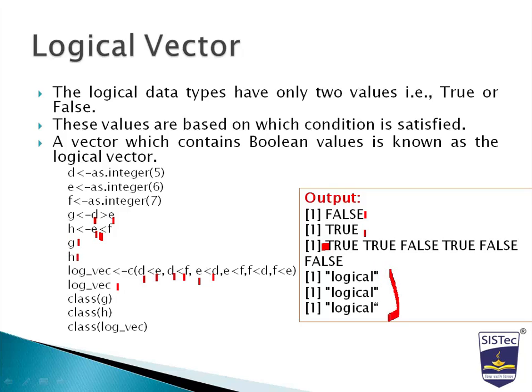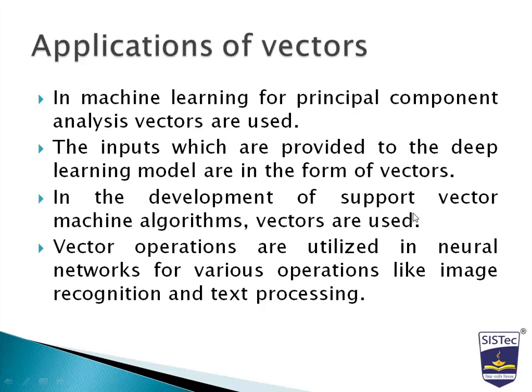Now let's discuss the applications of the vectors. So vectors are basically used in machine learning for principal component analysis. Then they are also used as input provided to the deep learning models, in the form of vectors. Vectors are also used in deep learning models.